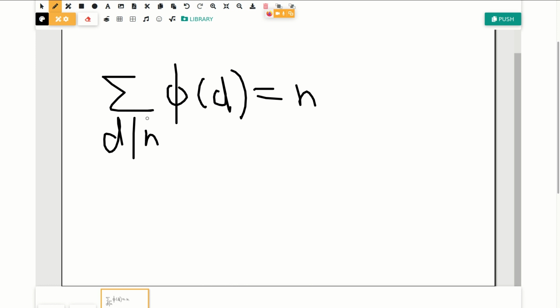Again, I won't be going into the proof, but the idea is to divide the set of divisors into different groups, and you would see that the sum of the sizes of the groups comes out to be n. So the sum of the Euler totient functions of the divisors of n is equal to n itself. You can see this as a different way to represent n somehow. I don't know anyone who would want to represent any n like this, but let's see.